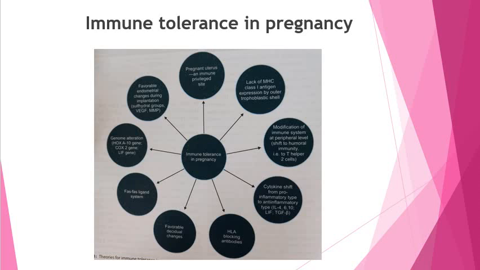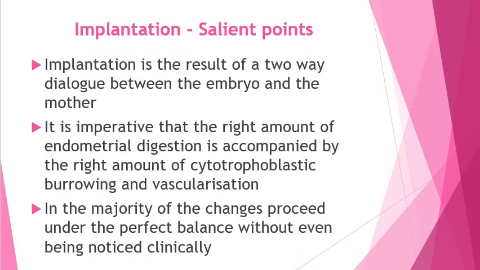Then there are HLA blocking bodies, although that has not been proved as such by many. Then there are favorable decidual changes. The Fas-Fas ligand system is another factor. There is a genome alteration, and then the favorable endometrial changes during implantation. So these are the various factors which are responsible for immune tolerance during pregnancy.